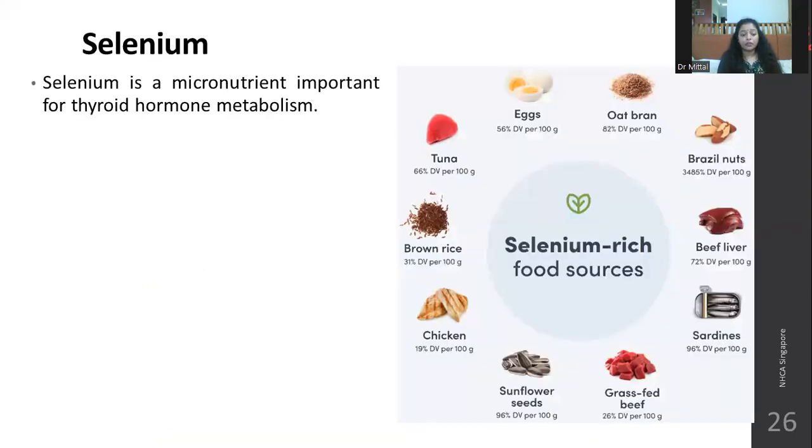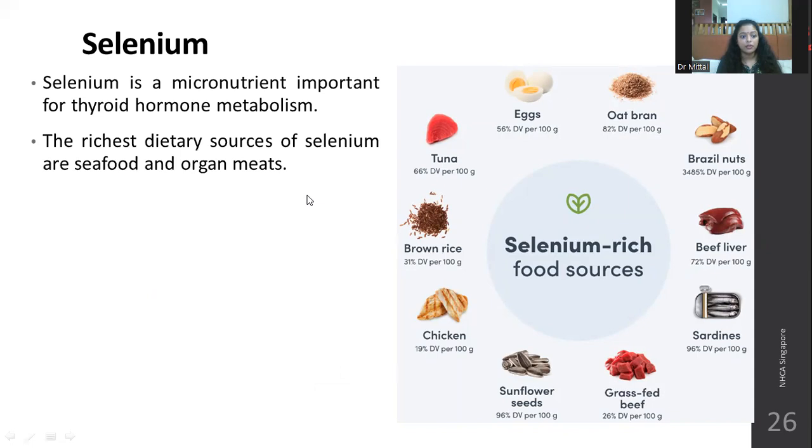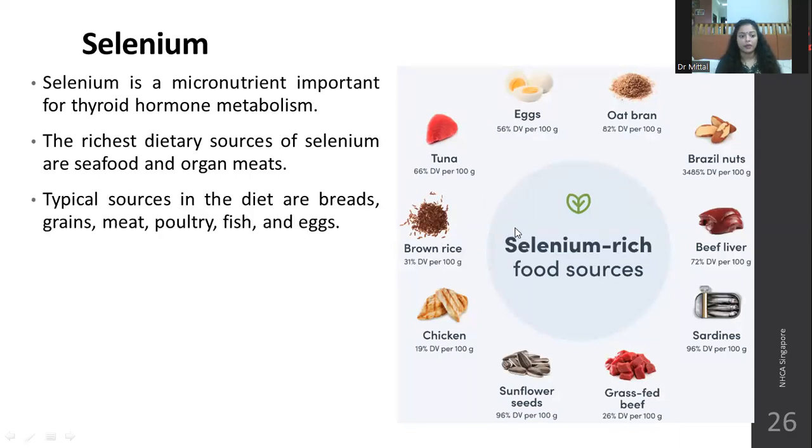Selenium is a micronutrient which is important for thyroid hormone metabolism. The richest source of selenium obviously comes from seafood and organ meats. Vegetarian sources are also there, like brown rice, sunflower seeds, oats, Brazil nuts. Not the best sources, but good sources.